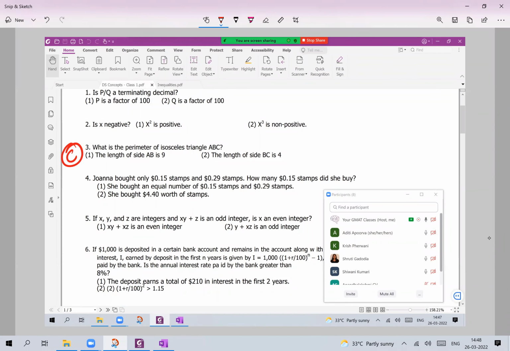Krish, what's your answer? I was confused between B and C. I tried solving it and then got the answer. Please try, you can take one more minute. Shruti, got the answer? Shivani?